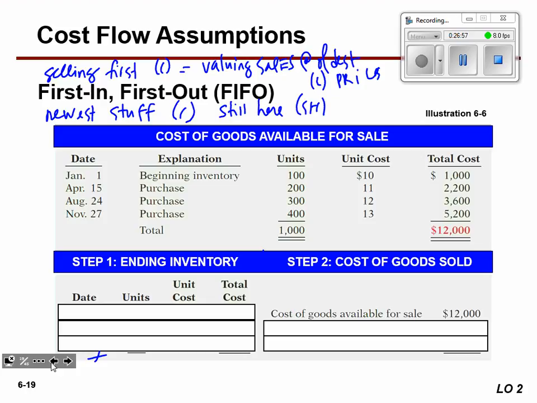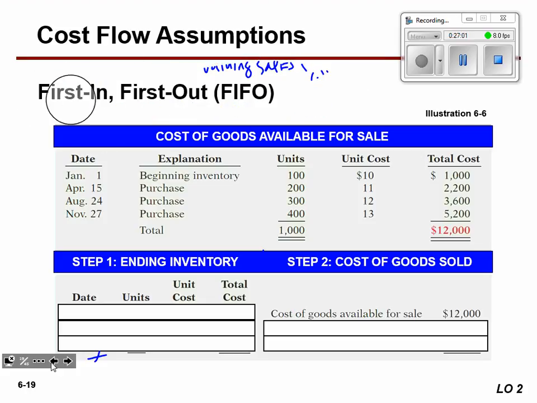I want to write this all again, just so you can hear it again in maybe a different way. First in, first out. The oldest or first stuff is what's gone, and we assign the cost of what's gone.